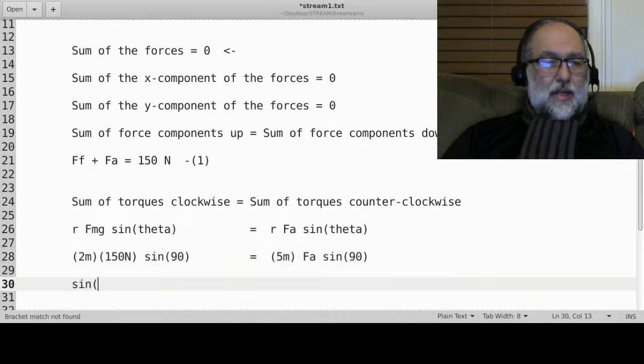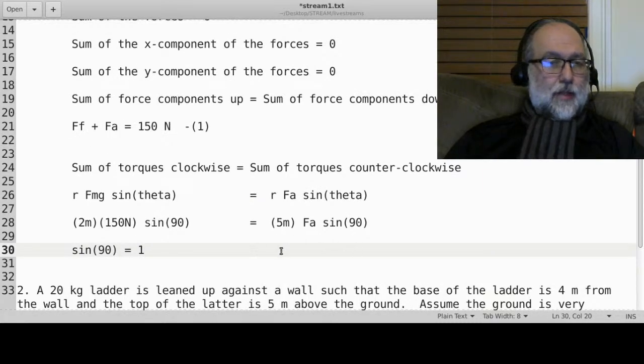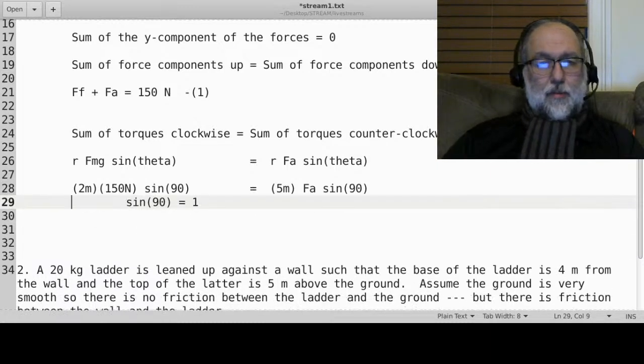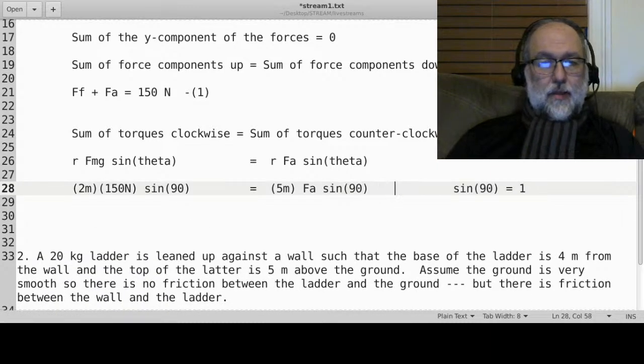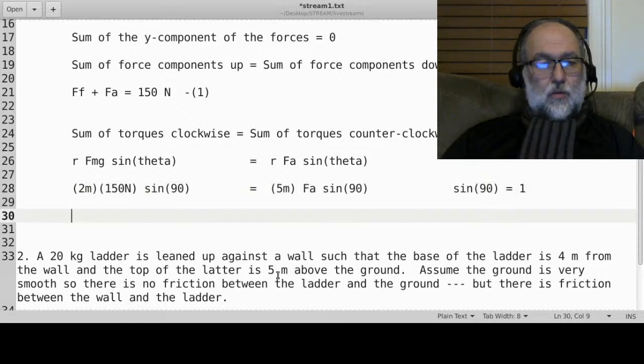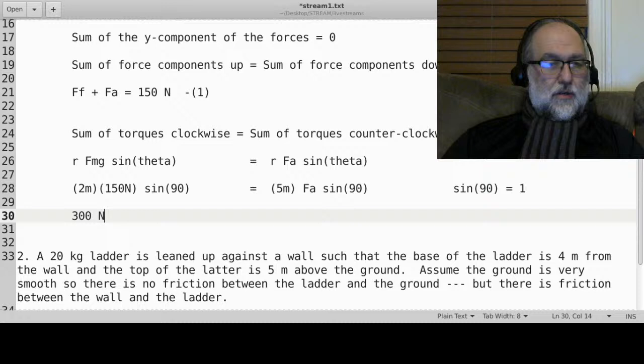And the angle was again 90 degrees. Now, sine of 90 degrees, you should know that one is 1. So what you're going to get here is 2 times 150, which is 300 newton meters.